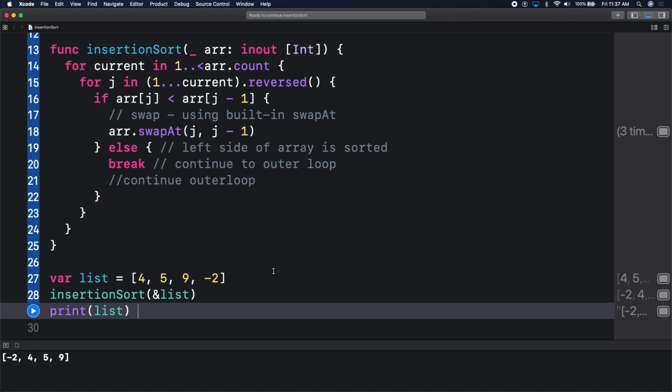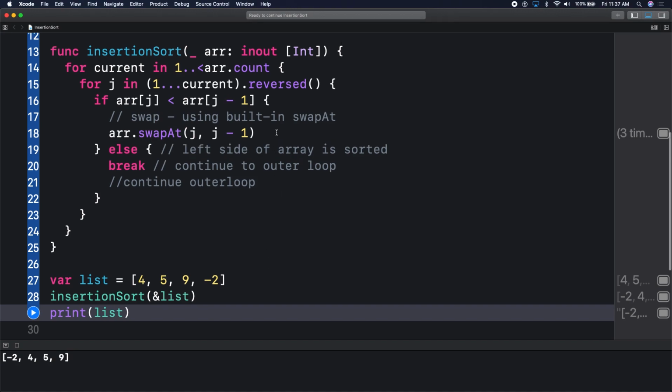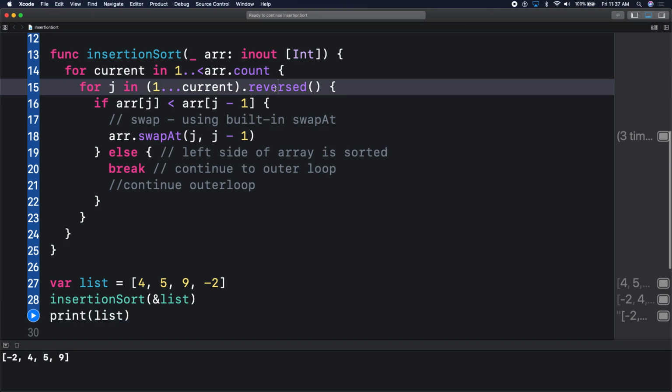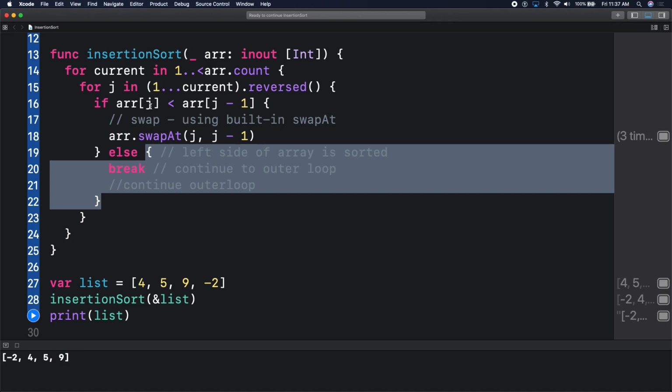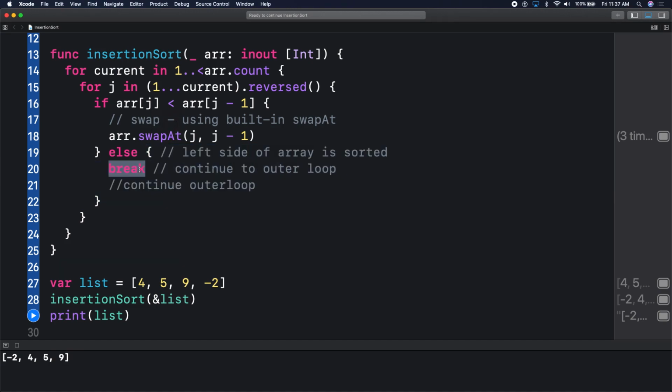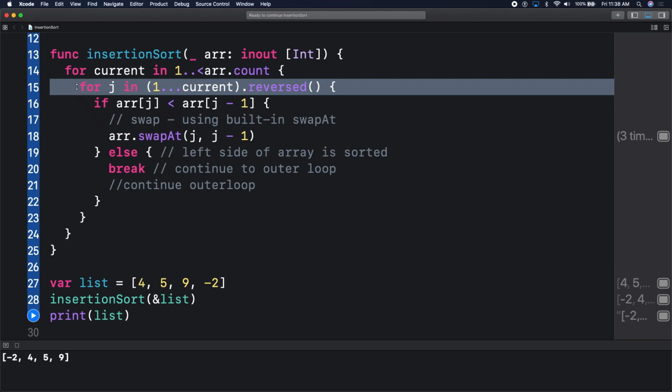Cool? Again, the big difference is here we're looking at our collection reversed, and we're breaking out if what we're looking at is currently sorted. We go to the next value by breaking here. Break doesn't break out of my entire function. Break only breaks out of this internal loop.